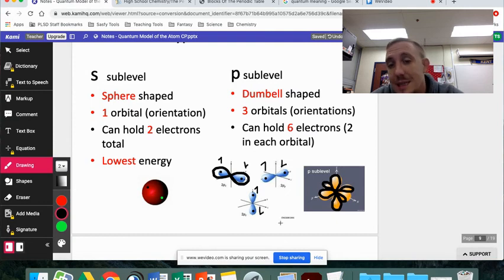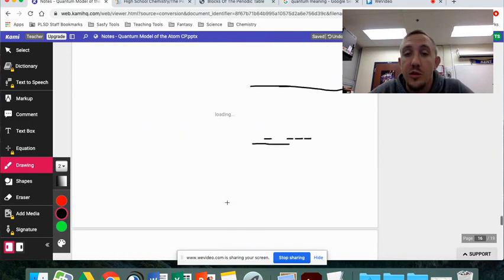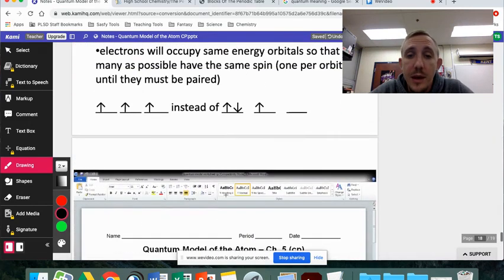So that's what this is saying. An electron is going to want its own orbital. They only start pairing when they've already filled all of the orbitals. And just a reminder, these lines are representing those orbitals.